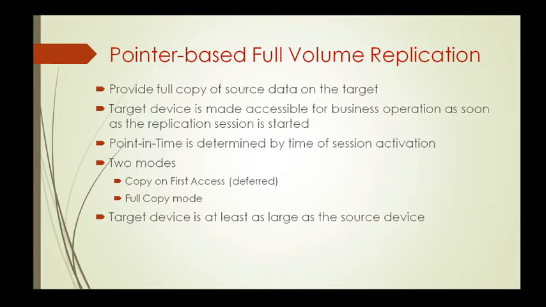The pointers on the target are initialized to map the corresponding data blocks on the source. The data is then copied from the source to the target based on the mode of activation. In case of COFA, after the replication session is initiated, the data is copied from the source to the target when the following conditions occur.